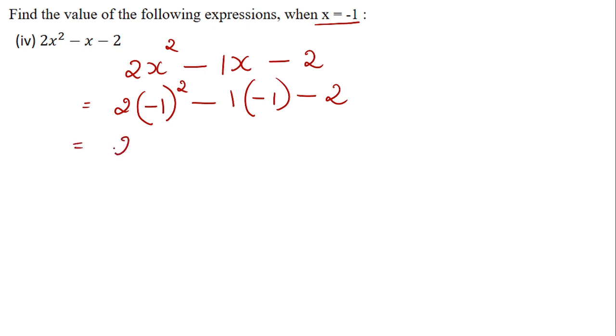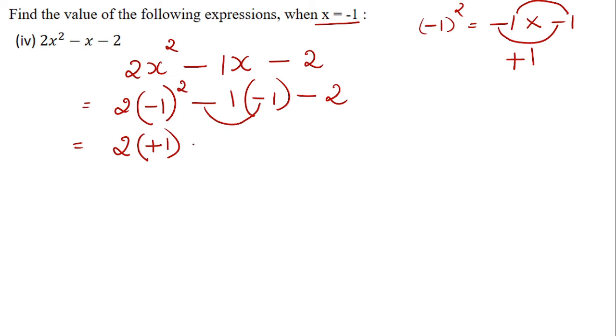So that's equal to 2 into what is minus 1 to the power 2? That's minus 1 into minus 1. So minus into minus is plus, 1 into 1 is 1. So this is plus 1, and over here minus into minus is plus. 1 into 1 is 1, and then minus 2.